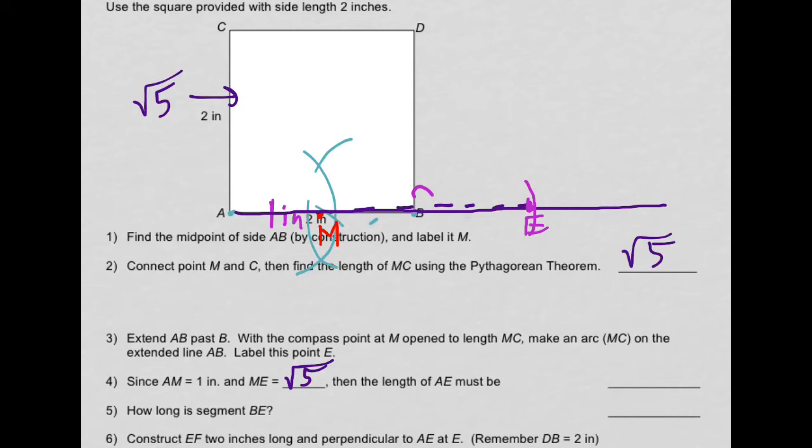Then the length of AE, the total length from A to E, must be 1 plus the square root of 5, right?